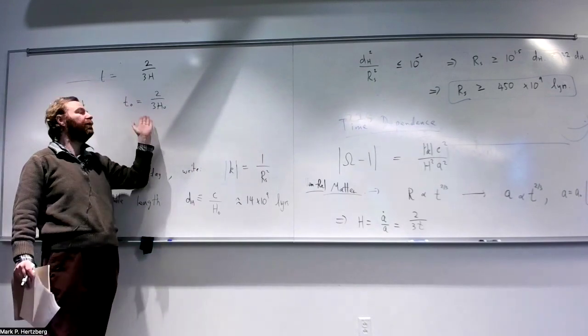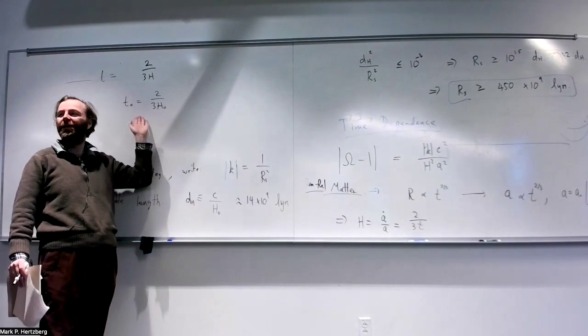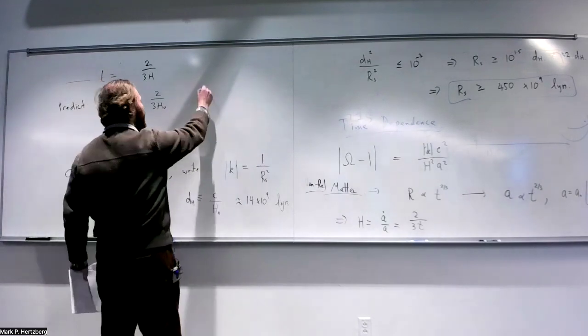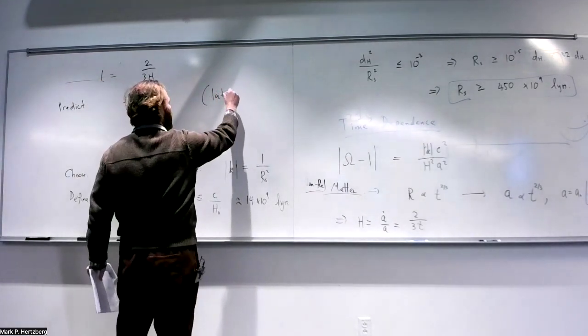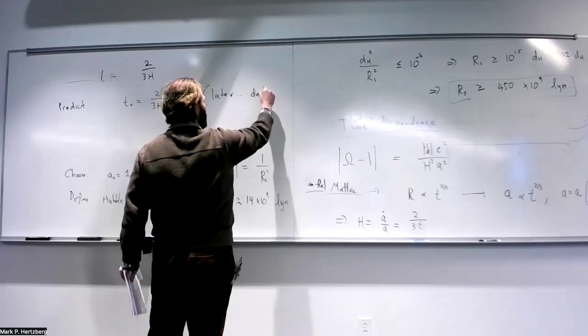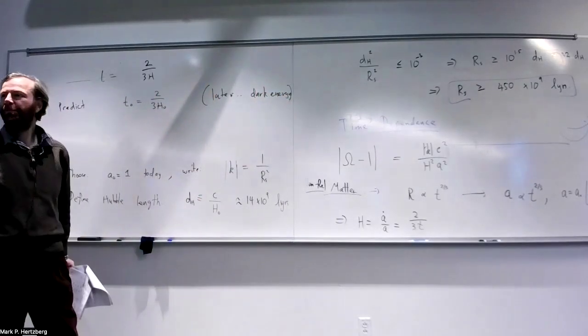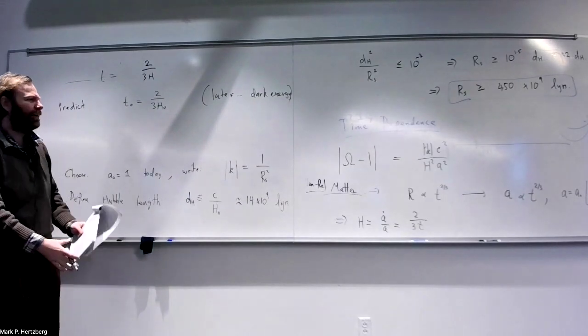So it predicts the age of the universe is 9 point something billion years, which is a little bit wrong. That's a whole topic in and of itself, a matter for later where we talk about dark energy. The dark energy will cure that error. Is that all right?